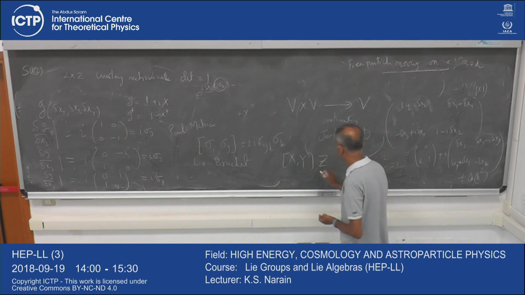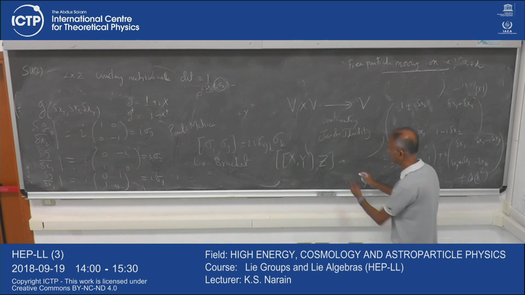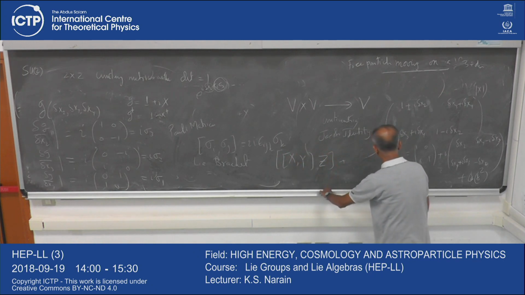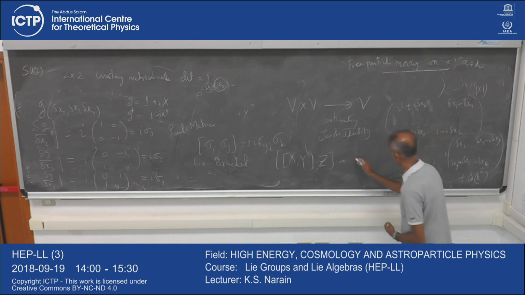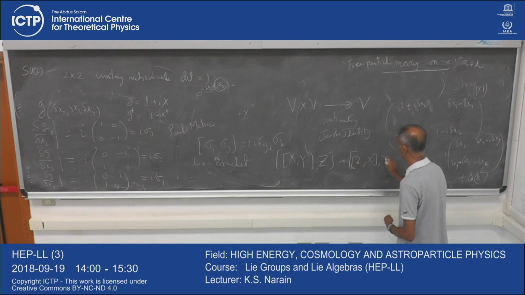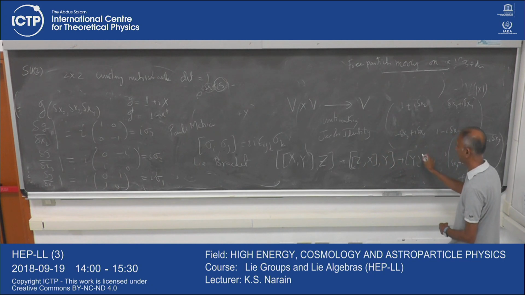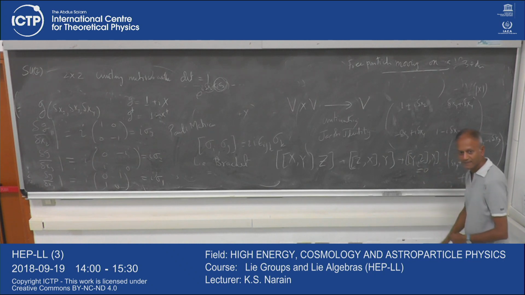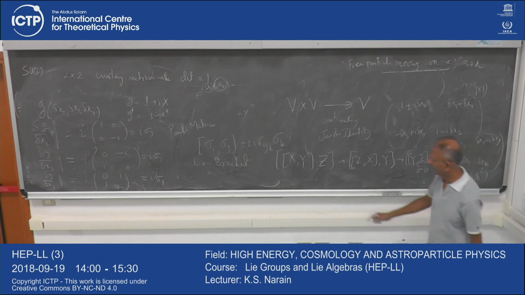Suppose I have another element z, then the Jacobi identity says that when you go around cyclically, the sum is 0: [z,[x,y]] plus [y,[z,x]] plus [x,[y,z]] equals 0. This is what is called the Jacobi identity.